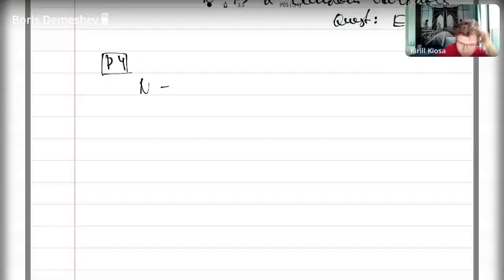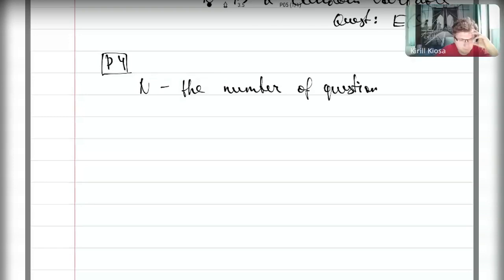I will quickly state the necessary assumptions. We have n, the number of questions in the exam. Probably you already can guess that n will be random. n will be constant in the beginning of the problem, and at the end of the problem, n will be random. For each question, either you know the answer or you don't know the answer.